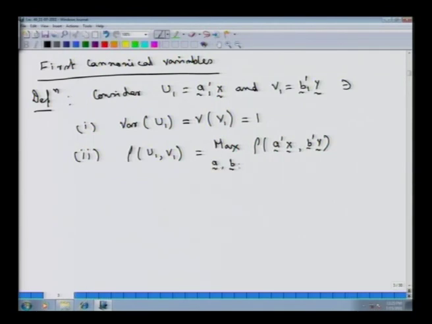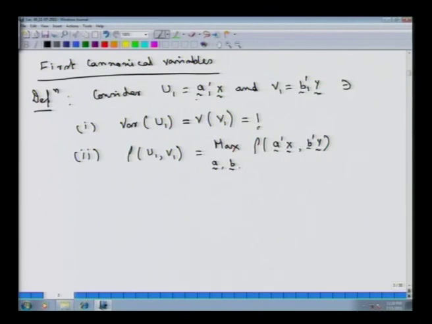So, we are looking at u1 and v1 to be linear combinations such that u1 and v1 have variance unity, and the correlation between the two linear combinations u1 and v1 is the maximum correlation that one can find if one looks at all possible linear combinations a' x and b' y. So, this maximization is over a and b.